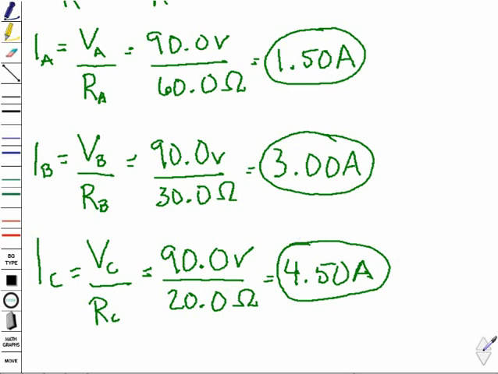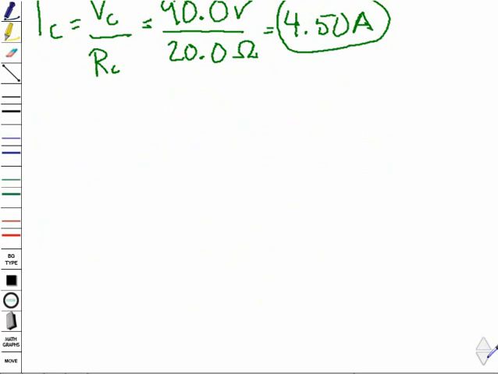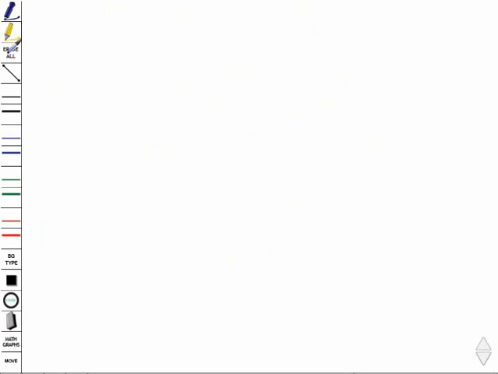We found all the individual currents across each individual resistor, and next we want to try and find the total resistance or the equivalent resistance for this parallel circuit.